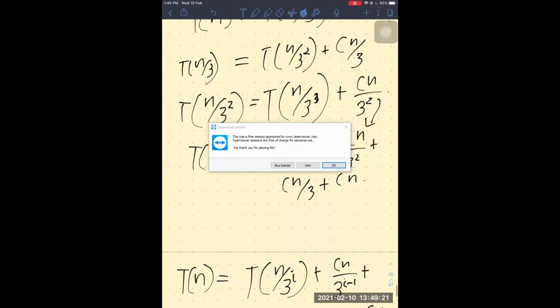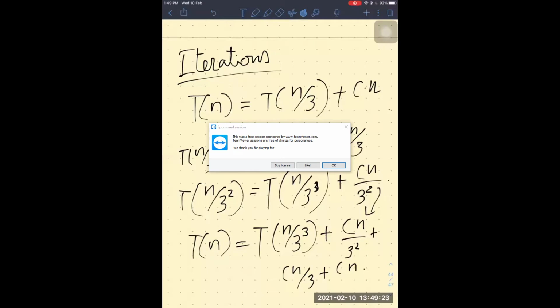So for example, at the beginning it was just n divided by 3. Then if we consider the next term, it was n divided by 9. Then it was n divided by 27. So can you see the pattern here? The denominator is increasing as we progress in this equation. Yes.